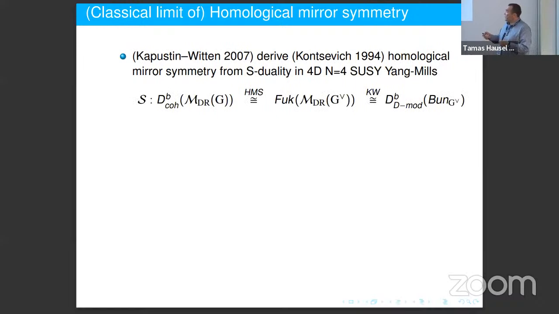And they argued that in this reduction, you can actually see the equivalence of derived categories of coherent sheaves on one side, which for them is the category of B-branes, and the Fukaya category on the other side, with objects certain Lagrangians with some structure on them, which for them are what they call A-branes.